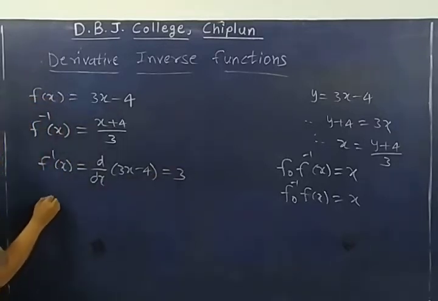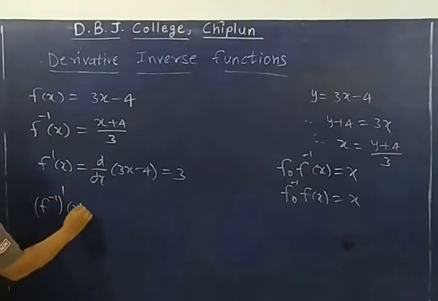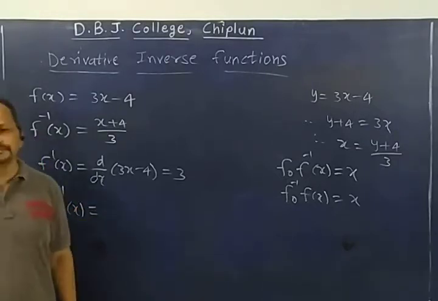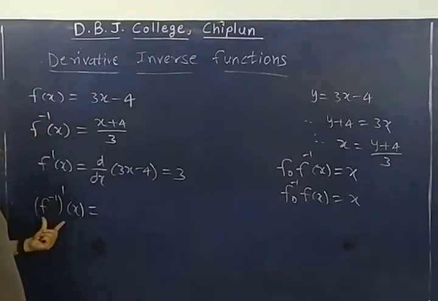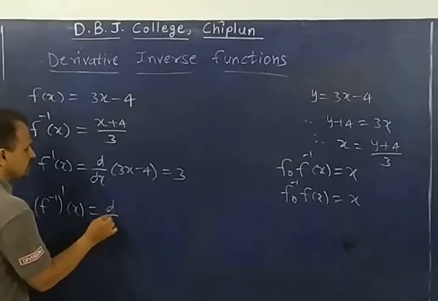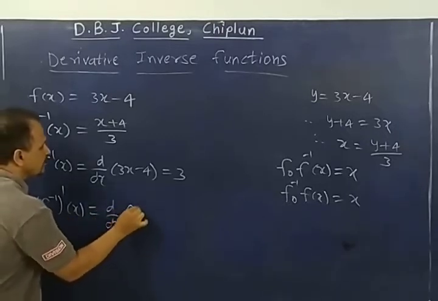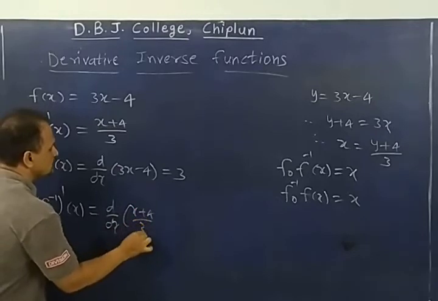What is the derivative of f inverse? That is f inverse dash x. It is the derivative of (x plus 4) upon 3.